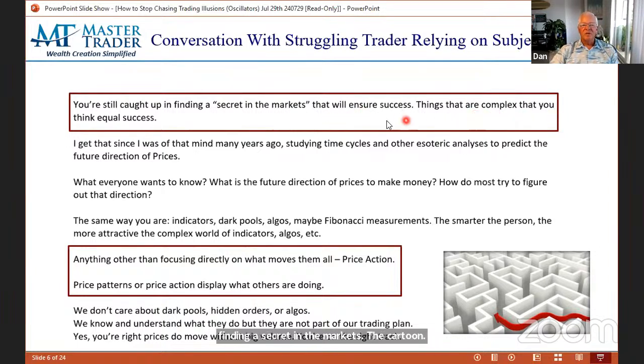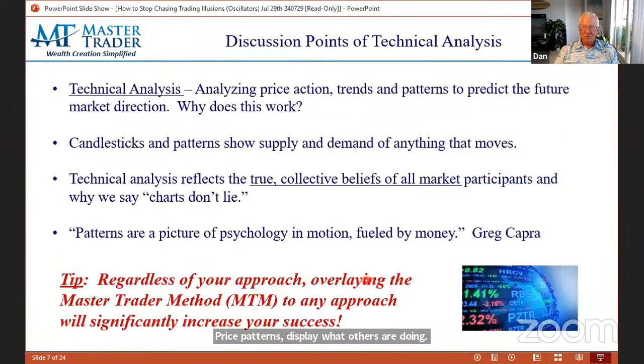Things that are complex that you think equal success, which is the first line of, hey, I'm combining these 12 oscillator approaches. Anything other than focusing directly on what moves them, price action, is a derivative and misleading. Price patterns display what others are doing. So that's a great intro to what we're talking about today.